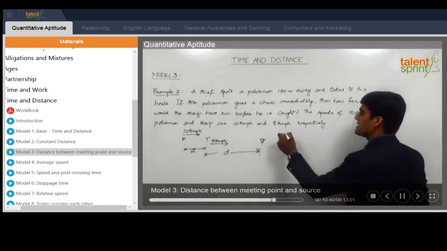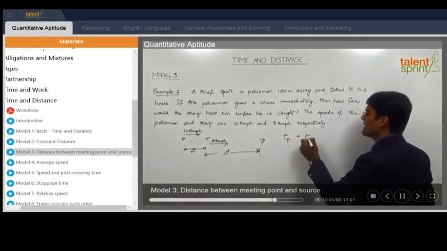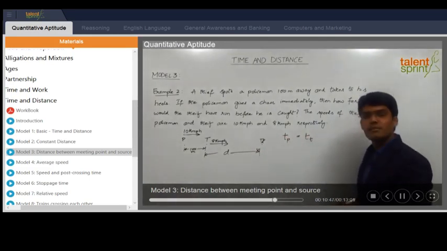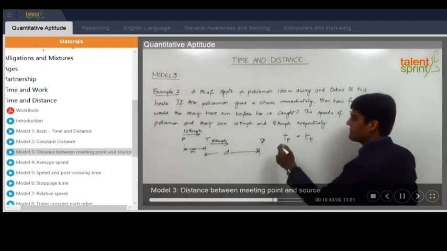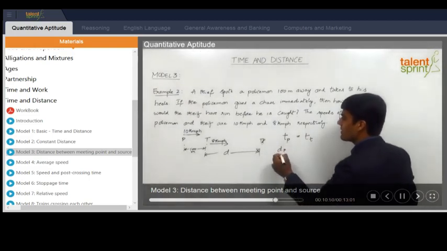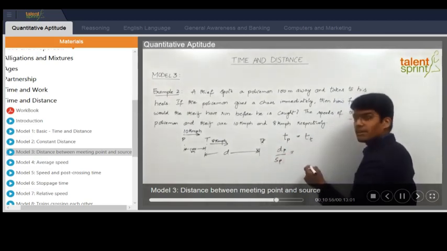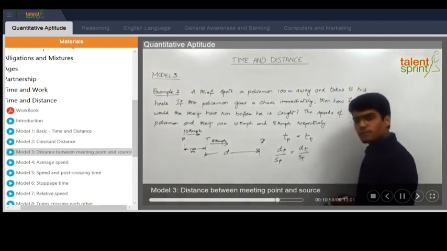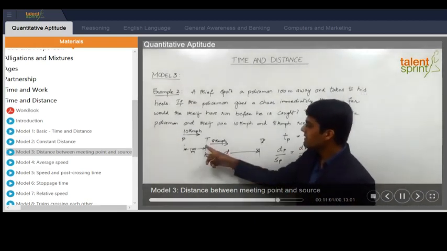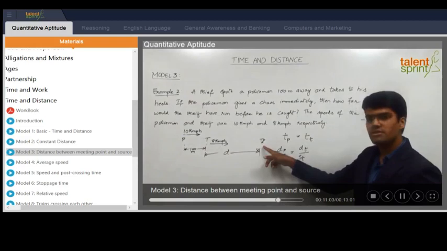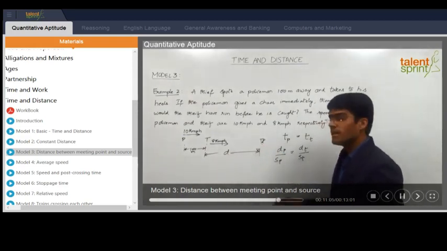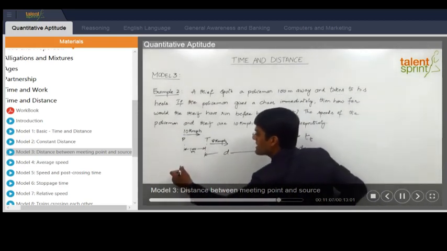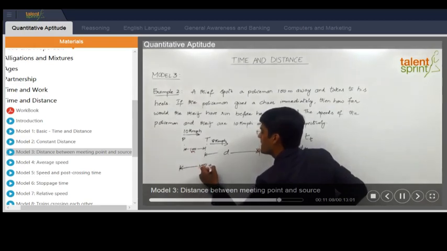So let us consider that equality of time, that is time taken by policeman should be equal to time taken by thief. Now time is nothing but distance by speed. So time taken by policeman is the distance covered by policeman by the speed of policeman, and time taken by thief is distance covered by thief by the speed of thief. As we have considered here, the distance between the thief's initial position and the final position is d, and we can understand that the total distance covered by the policeman is 100 plus d.